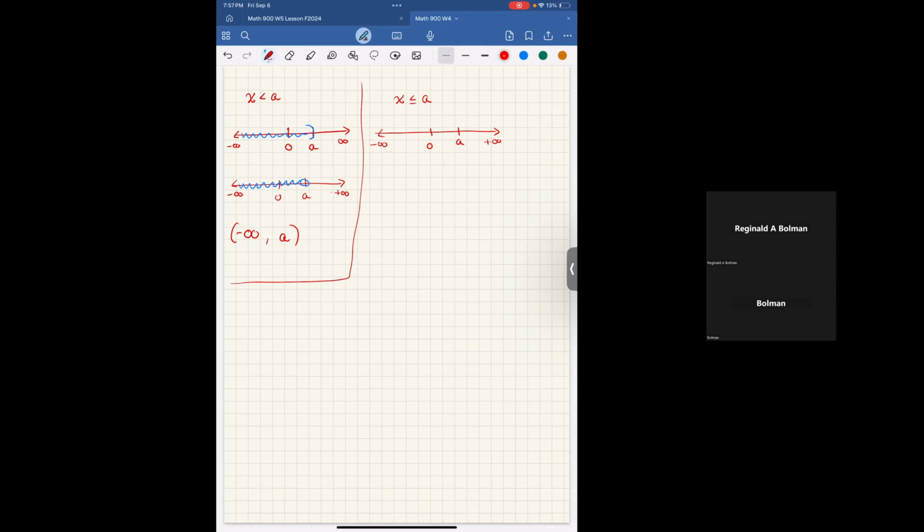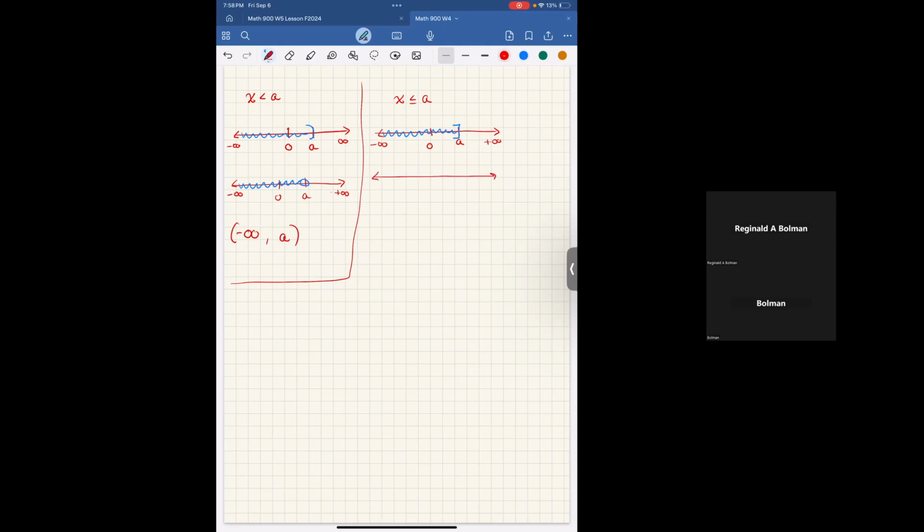It's just some number. So when you get the specific problem statement, you're going to change the position of this a. But this tool, this cheat sheet, will help you remember which way you should shade your inequalities. So in this instance, we've got x is less than or equal to a. So we're going to use a bracket, and the bracket will be pointed towards negative infinity because x could be everything that's less than a, but it could also equal a.